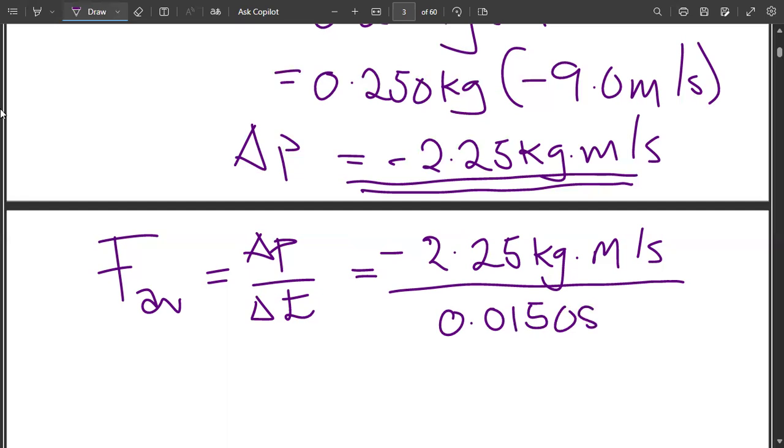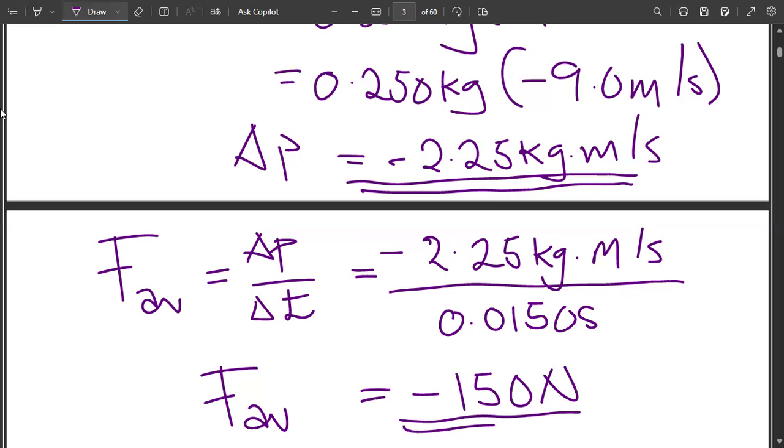So negative 2.25 kg meter per second divided by 0.0150 seconds is going to give us an average force which is equal to negative 150 newtons.